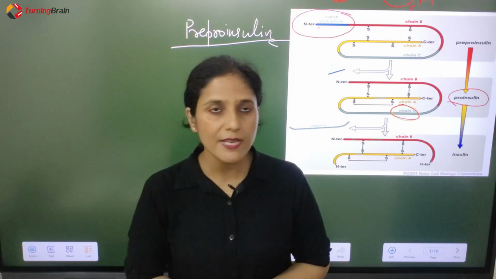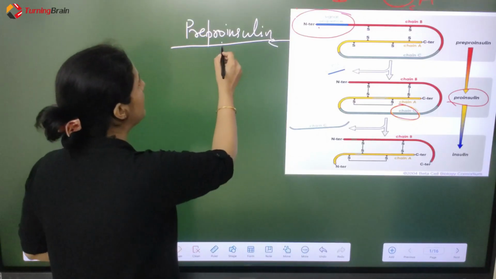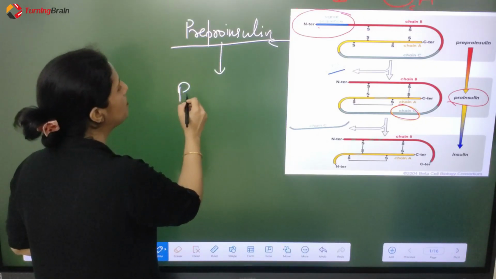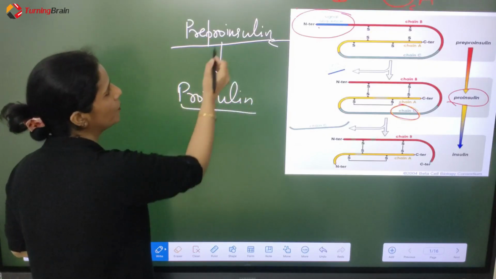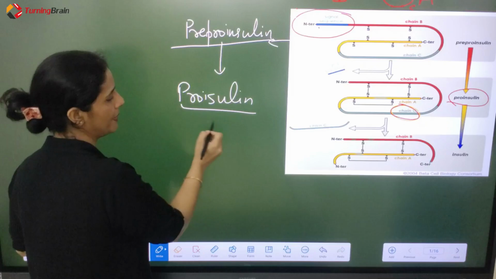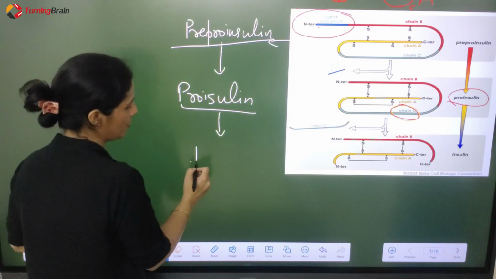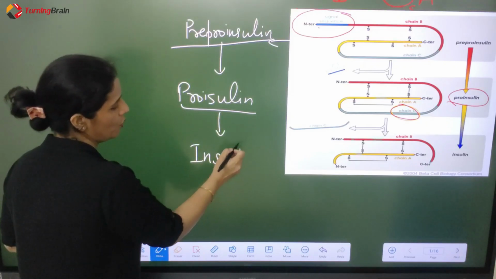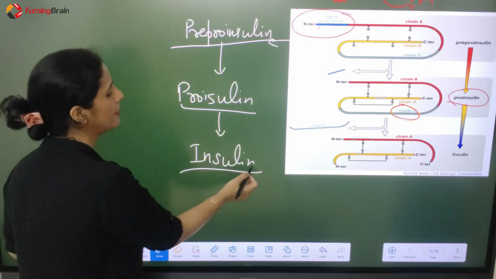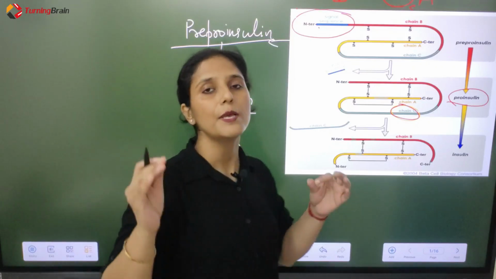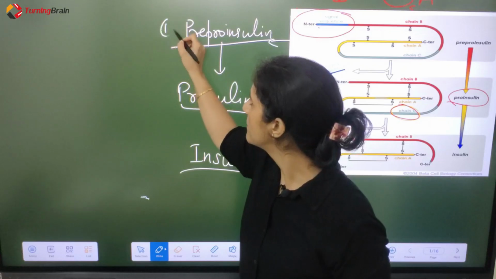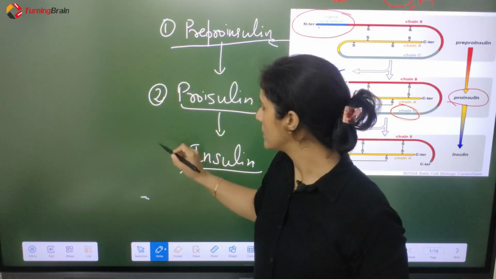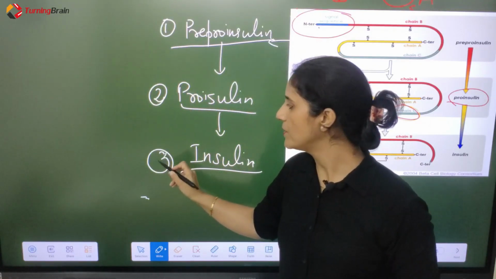Then it is cleaved and makes proinsulin, so remove the word pre. Proinsulin remains. Then insulin, remove the pro word also. So you have to remember how the synthesis occurs: pre-proinsulin, proinsulin, and then insulin. First of all, remember these three terms.